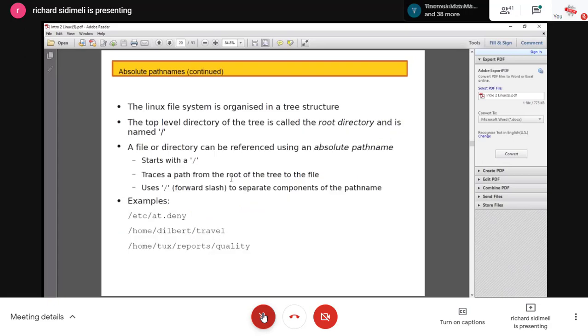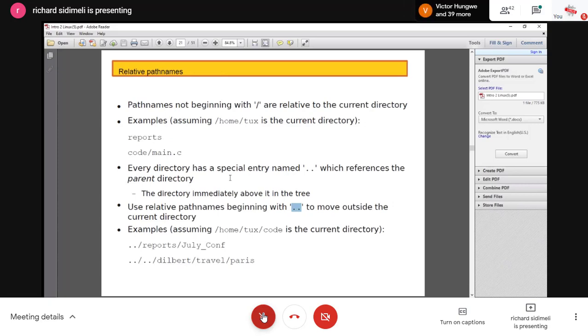Okay, let's talk about the next thing: relative addressing. Relative addressing is where we are saying we don't know the preceding subdirectories. When we say slash, we are doing absolute addressing.